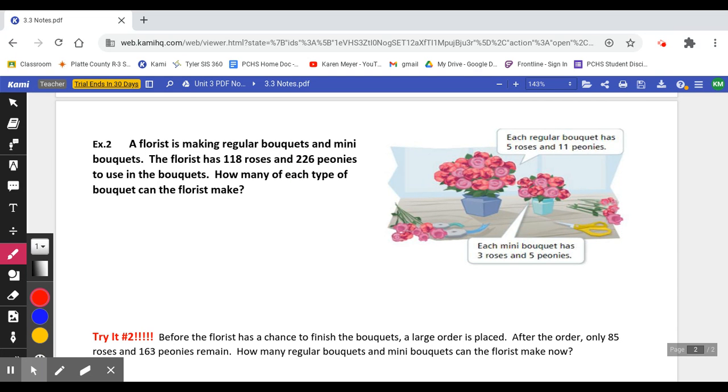So let's set it up. Let's say the first one, let's go with the roses.